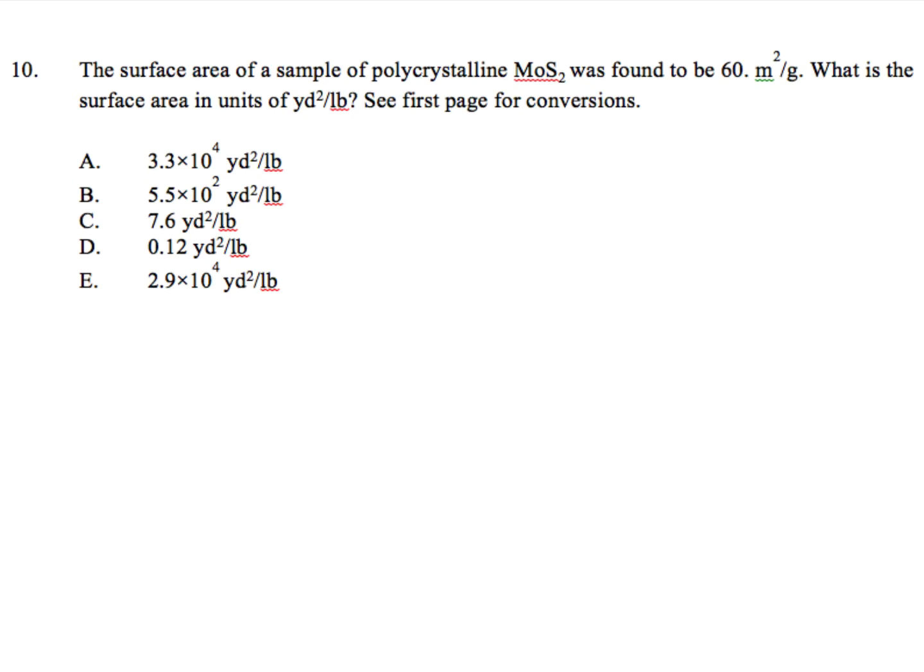So what we want to start with here is our given, and we're given a surface area of 60 meters squared per gram.